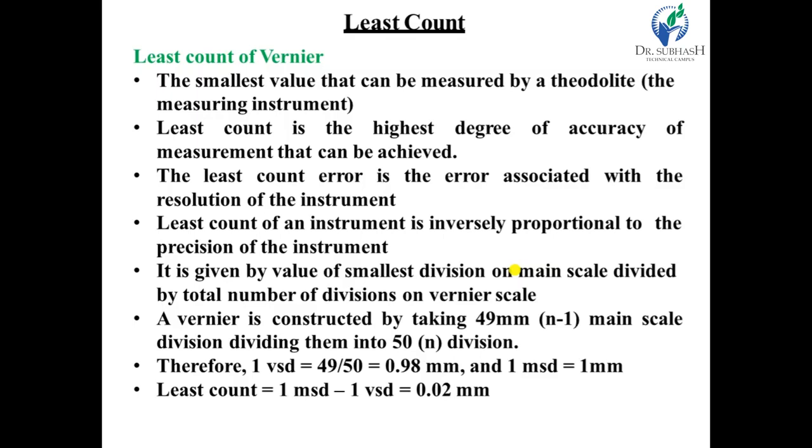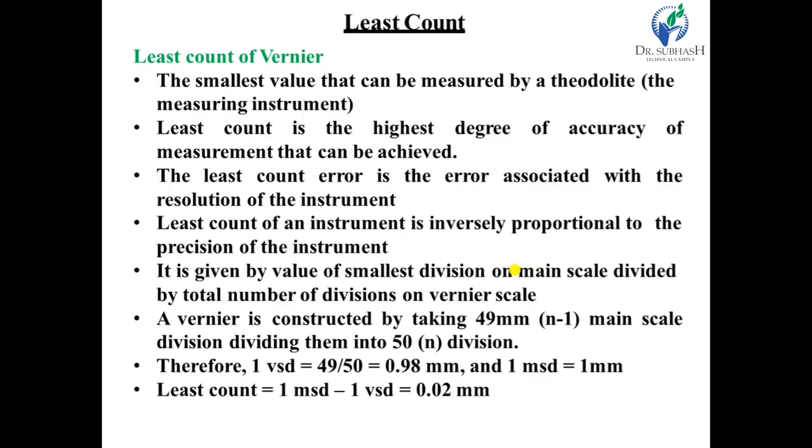It is given by the value of the smallest division on the main scale divided by the total number of divisions on the vernier scale. Let us see an example of how to count. A vernier is constructed by taking a 49 millimeter main scale length, right? The main scale total length is 49 mm.